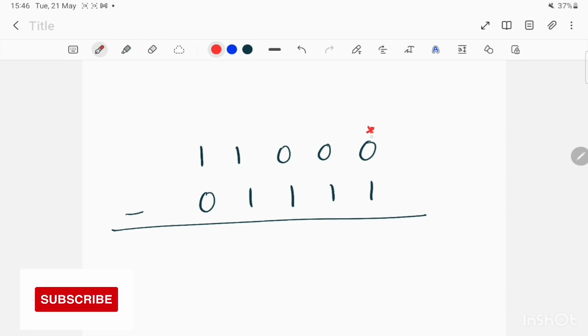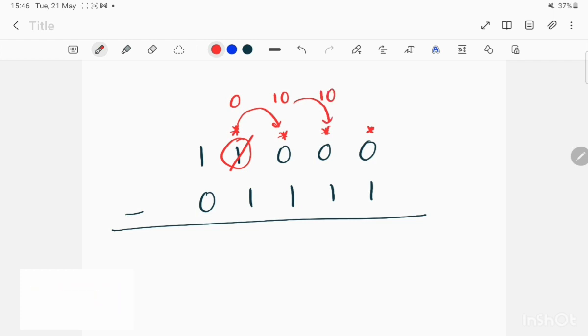This is 0. So we will check for the next neighbor, and this one we checked. Okay, so from here we can borrow. So we borrowed 1 from here, so now it is 1 0. When it is gone, it becomes 0. Now again from here we borrowed 1, so it has become 1 0.